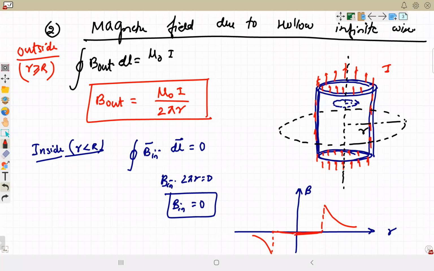B inside is 0, outside is the same as that of a wire placed on the axis.